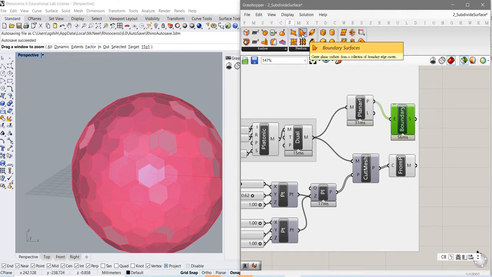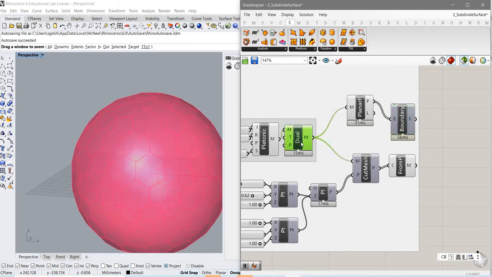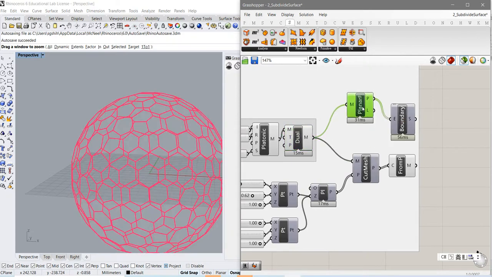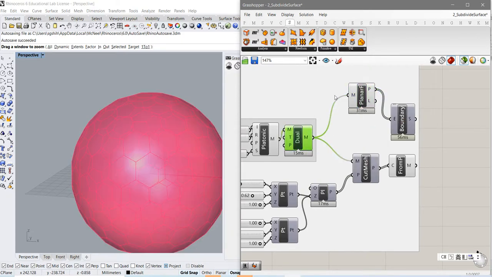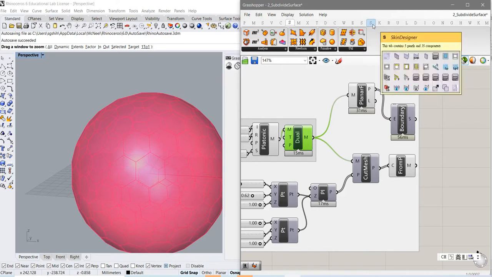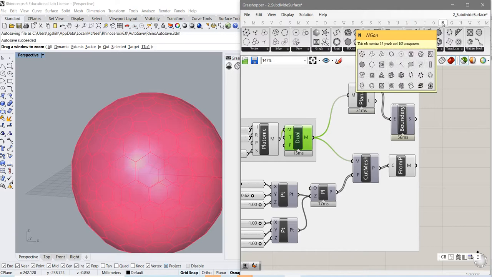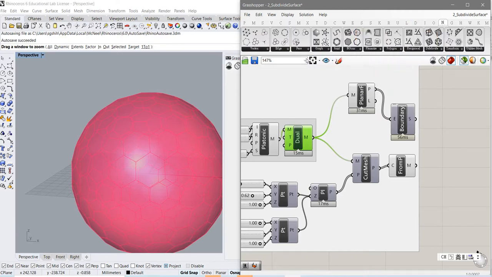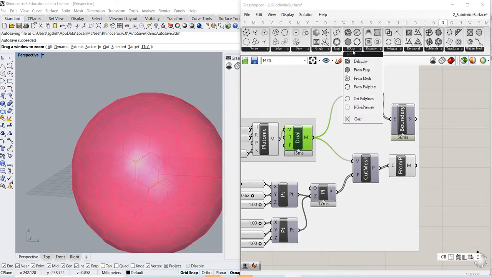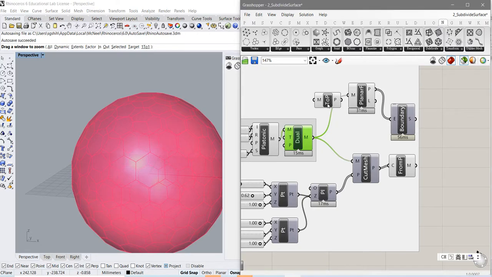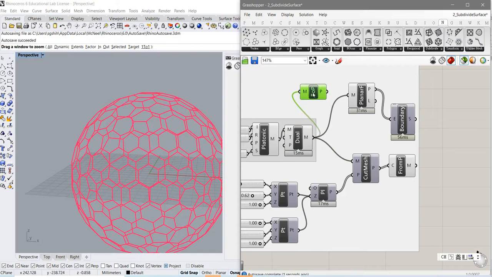Which is this one. Okay, so for example, if we use this before it is planarized, let me see. Let me convert this into NGon. Where is NGon? Get the polyline. Okay, so this is the mesh, and we derive the polyline.